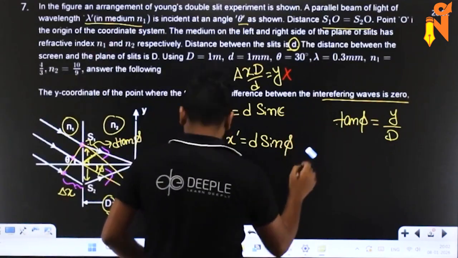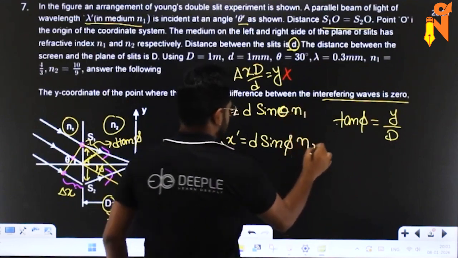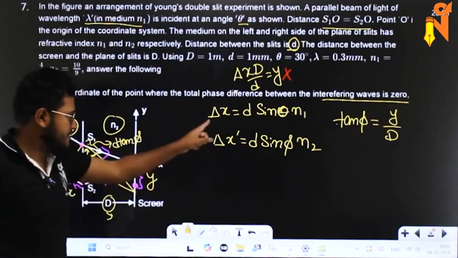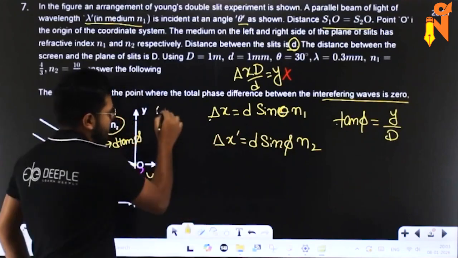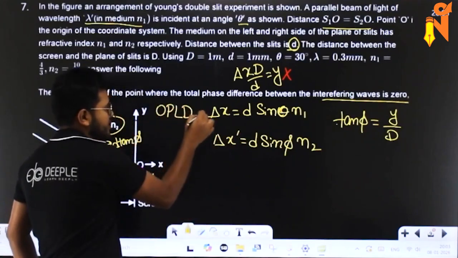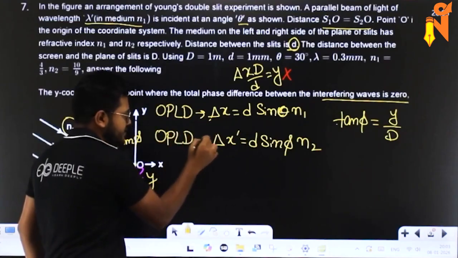Since they have already used n, I will use that, n1, n2. So I hope you understand. This is the optical path length difference in the first medium. This is the optical path length difference in the second medium.